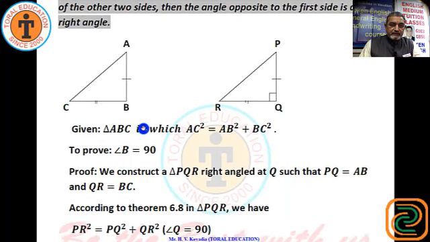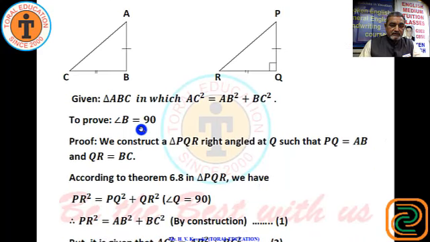Now look at the proof. We construct a triangle PQR, right angle at Q, such that PQ equals AB and QR equals BC. We have constructed this another triangle.